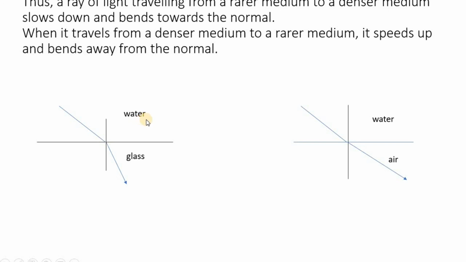If we have air instead of water, and water instead of glass, the refracted ray also bends towards the normal. If we have glass instead of water and water instead of air, the refracted ray bends away from the normal.